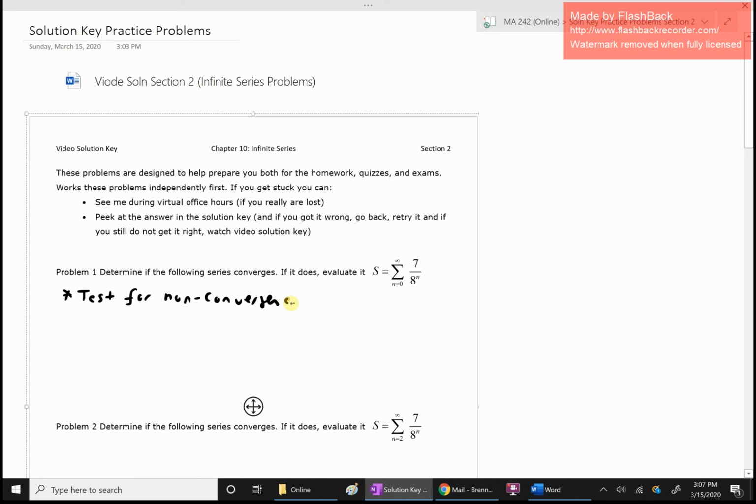We're going to do that by taking the limit as n goes to infinity of the summand, so we're going to look at the limit of 7 over 8 to the n.